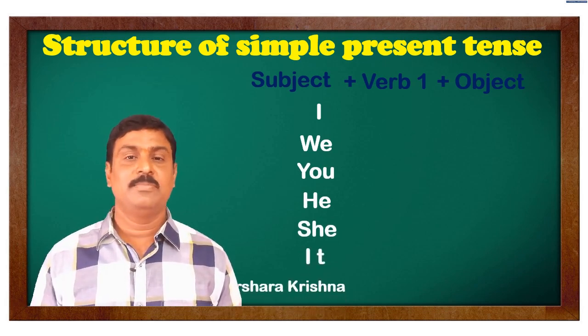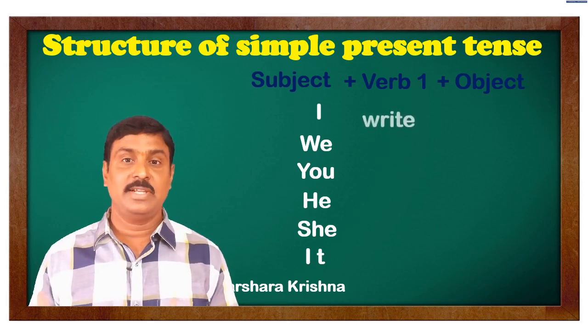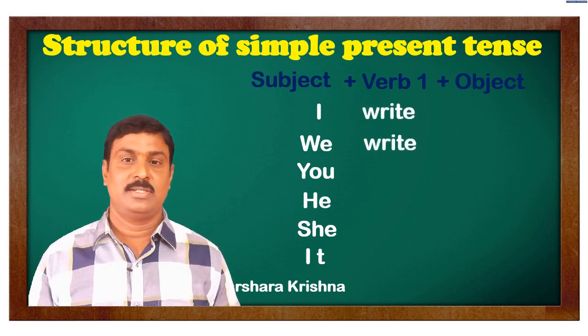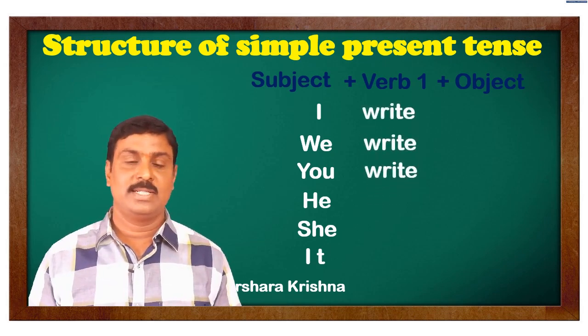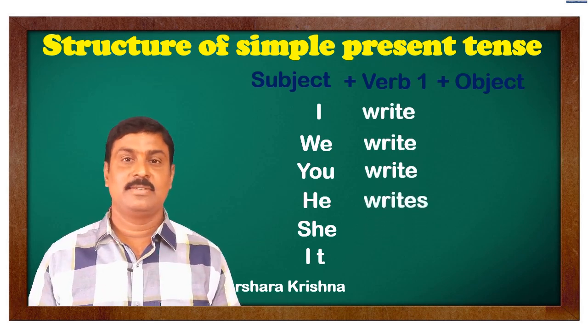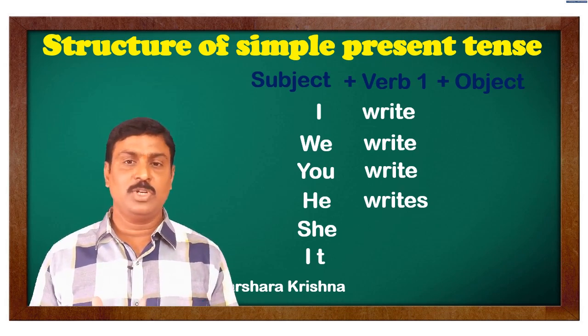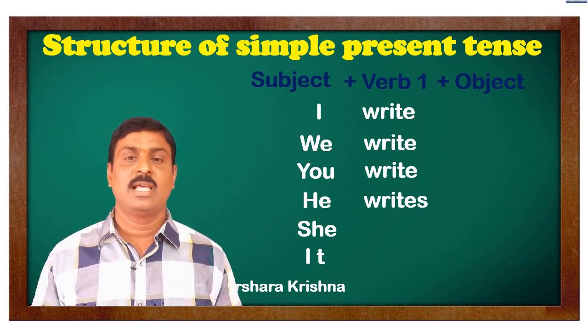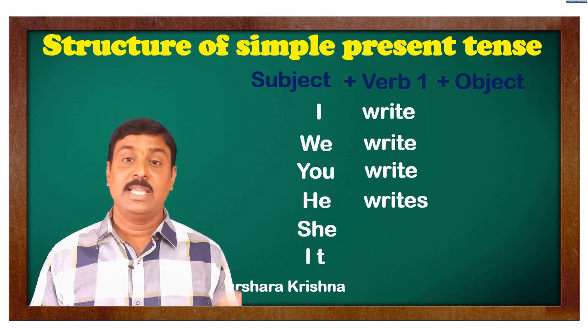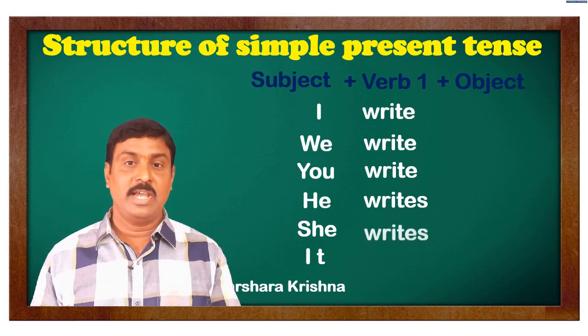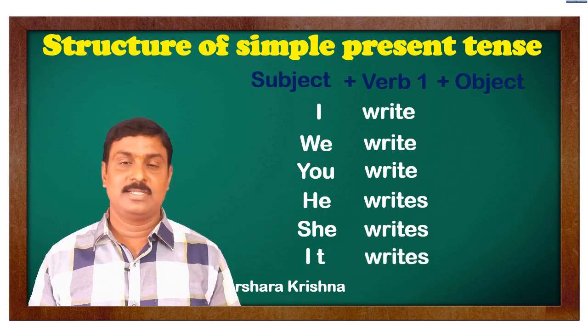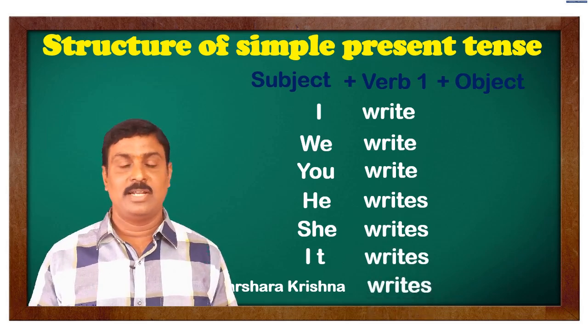Let's take the verb write. I write, you write, we write, he writes. When it comes to the simple present tense, if the subject is third person singular, the verb should be added with s or es, like writes. He writes, she writes, it writes, Harshara Krishna writes.